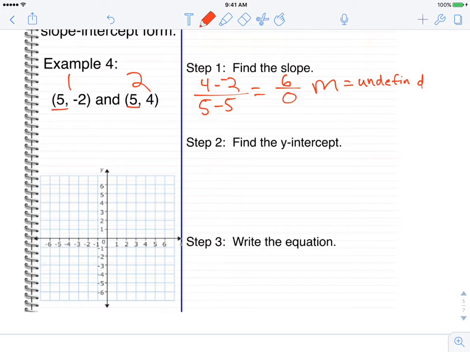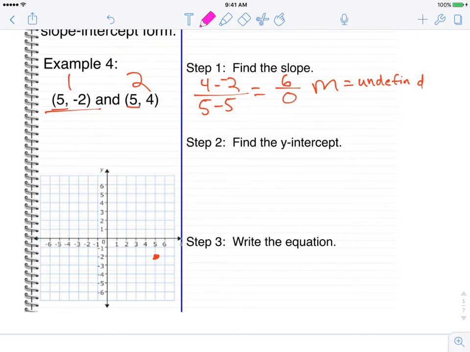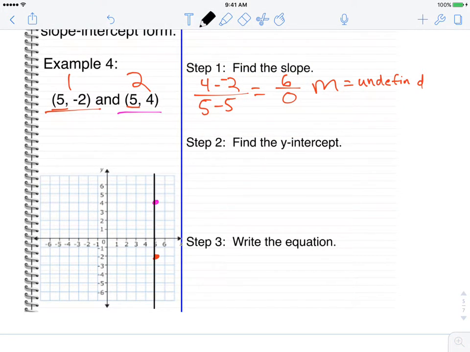So that means that I'm not going to have a y-intercept, because if I go and I graph these, I go over to 5 and down to negative 2, ends up being right there. If I go to my next point, which is going to be 5 and then positive 4, this is just going to be a straight up and down line that's never going to cross this axis. It's never once going to do that, so I do not have one.